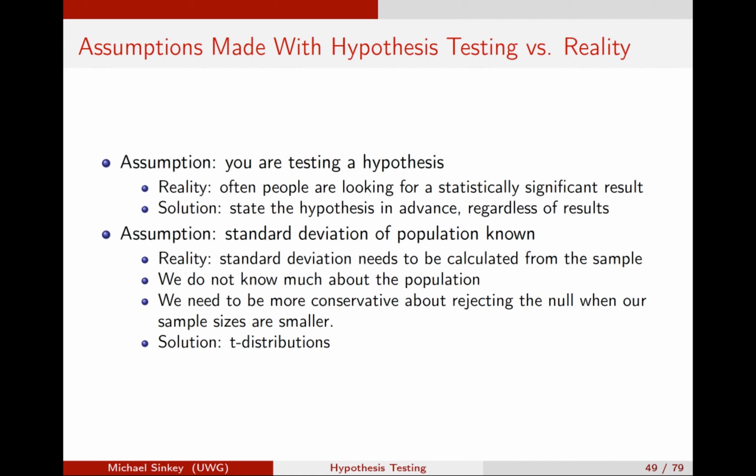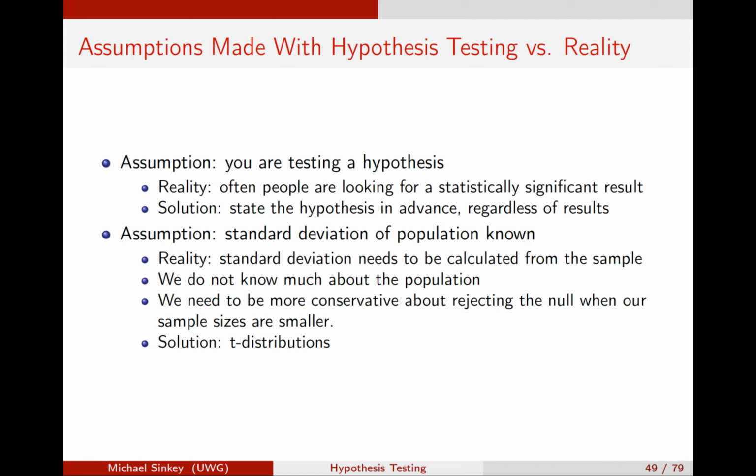There is a large assumption made when we do this, and that's that the standard deviation of the population is known. So whatever standard deviation we calculate with our sample, when we use the normal distribution to test our hypothesis, we're assuming actually that that sample standard deviation is representative of the population.